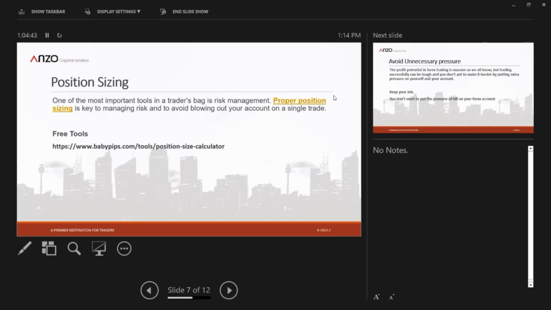So out of 10 trades, let's say we both have an account size of 1,000, they risk 1%, they make 1%. Out of 10 trades, they make 8%.